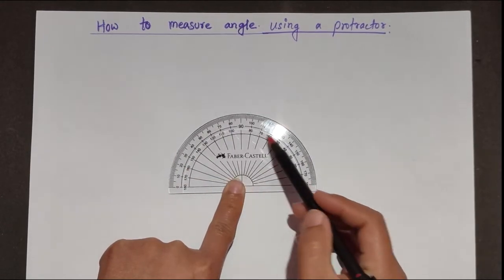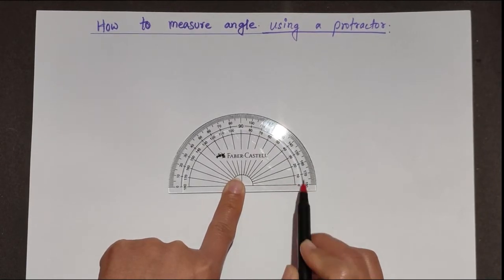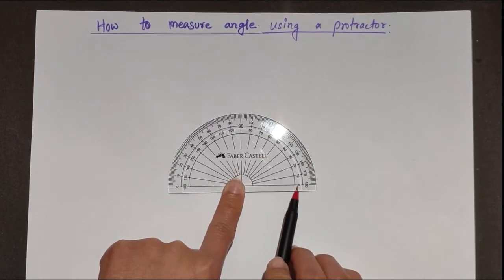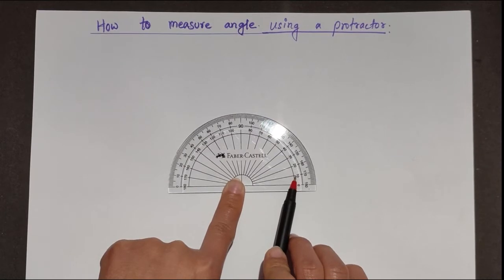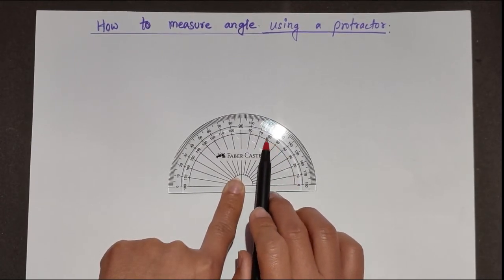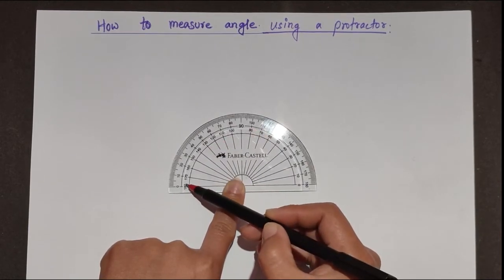This inner scale starts from 0 here on the right. So it starts from 0 and then it goes on to 10, 20, 30, 40, 50, 60 and goes on till 180 degrees.